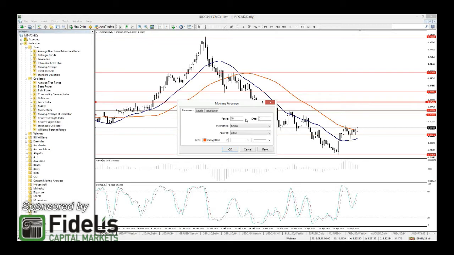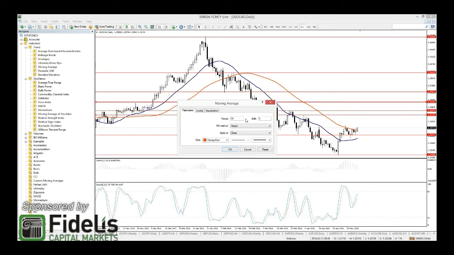The main difference between the simple and the exponential moving average is that the exponential moving average is more sensitive to recent prices. However, the simple moving average represents a true average price. As we said, the exponential moving average has less lag, but the simple moving average might be a better indicator for identifying the support and the resistance level.